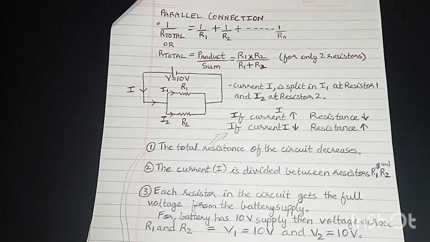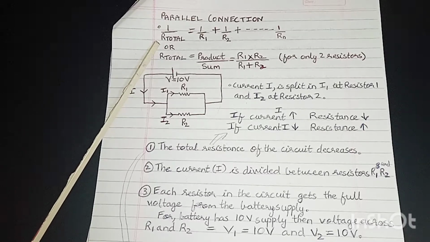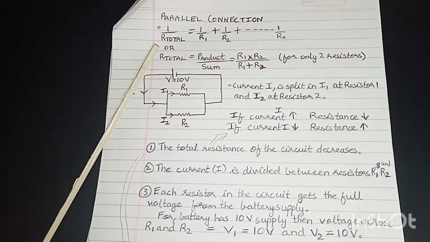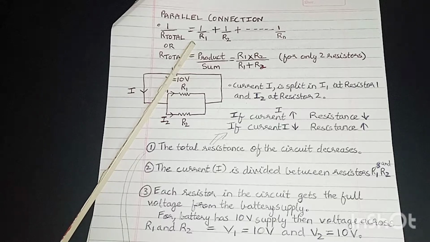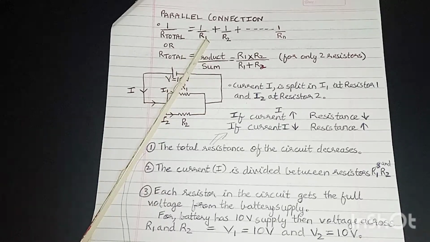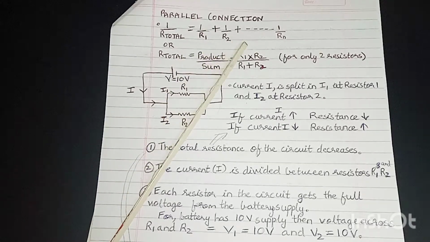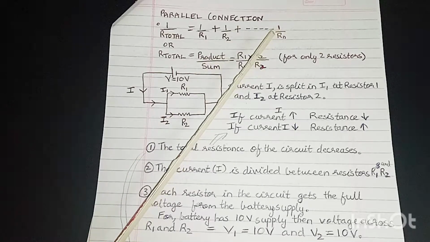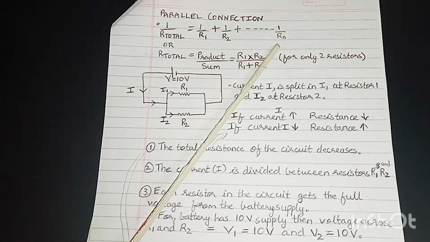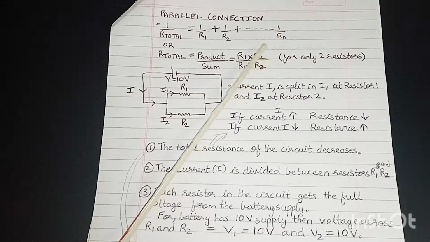Parallel connection or parallel circuit. So we had studied in the previous lecture that 1 by R total is equal to 1 by R1 plus 1 by R2 plus, however many resistors there are, plus 1 by Rn, where n is the number of resistances.